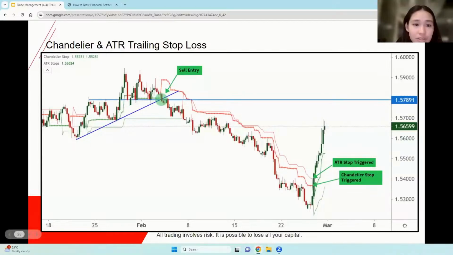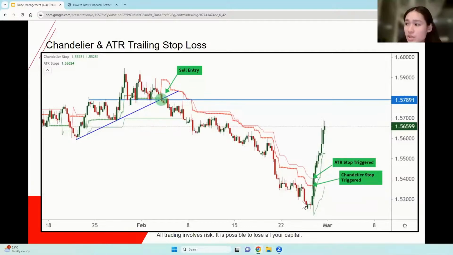Now, if we look at chandelier and ATR trailing stop loss, we have our sell entry at that same spot, and price is moving below these indicators, so it's a bearish signal.